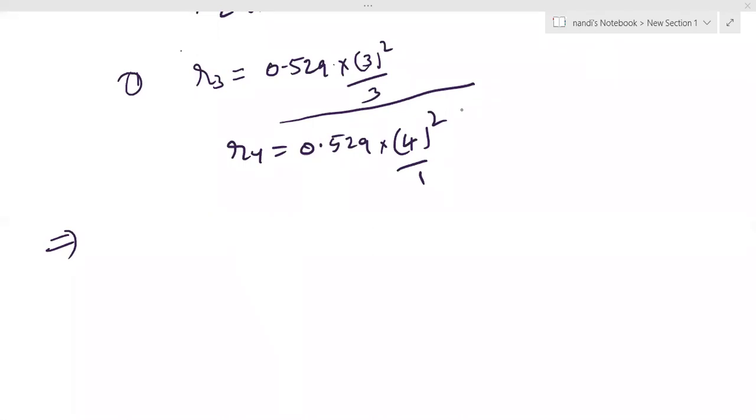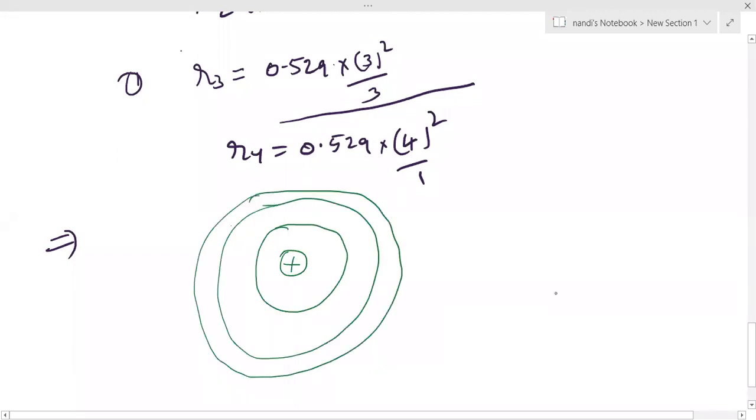See here. Assume this is the nucleus. This is shell number 1, shell number 2, shell number 3, like this. For understanding purposes I am writing it this way. This is n equal to 1.